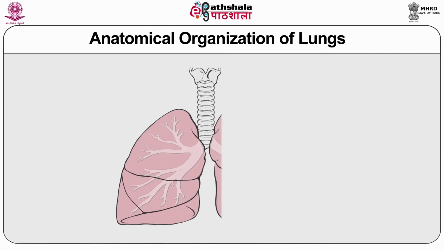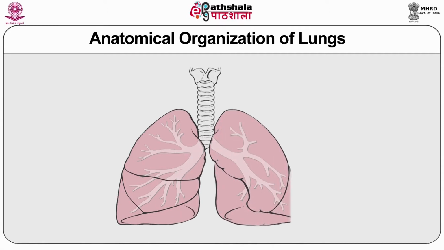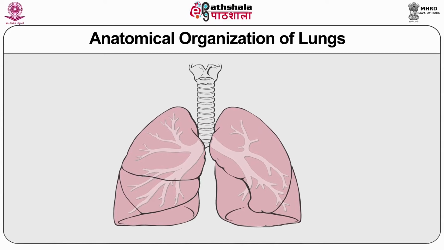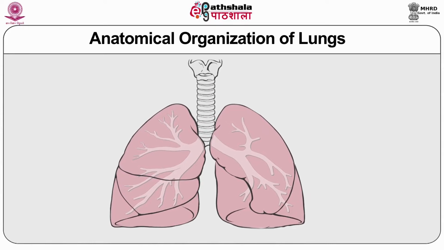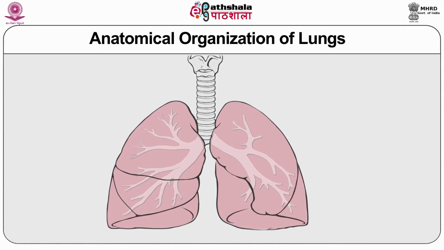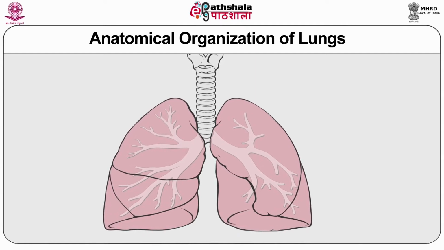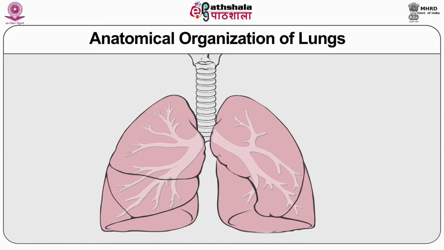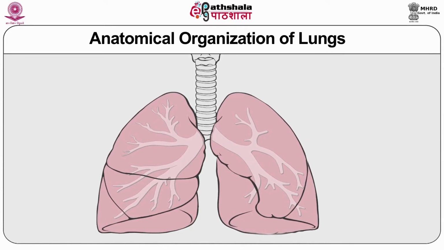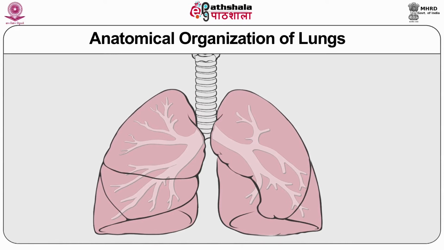Lung is the organ of respiration. There are two in number, and right lung is divided into 3 lobes and left lung is divided into 2 lobes. Each lung is covered by a thin membrane which is called pleura. It has 2 layers, visceral and parietal.